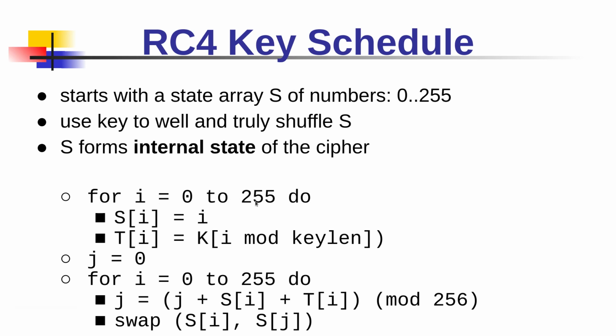In this first instruction, for i equal to 0 to 255 do S[i] = i, which simply initializes the state array from 0 to FF. Then the next step is calculating a value T[i].